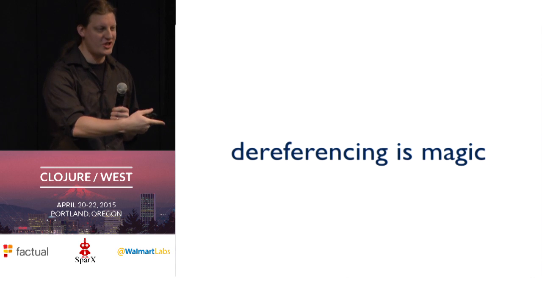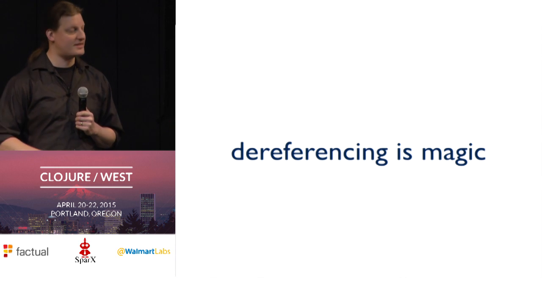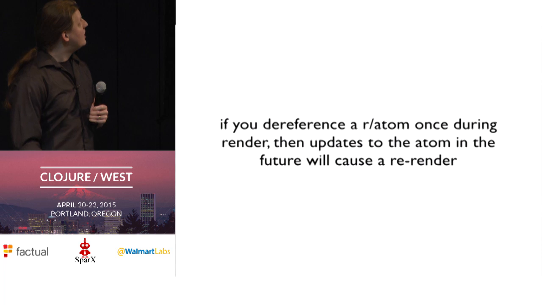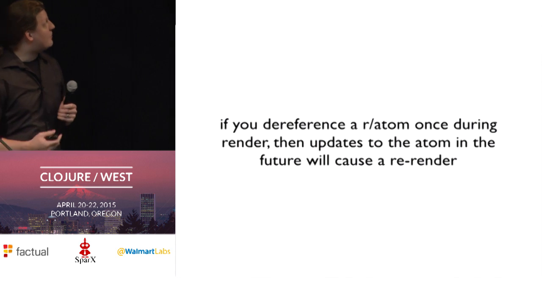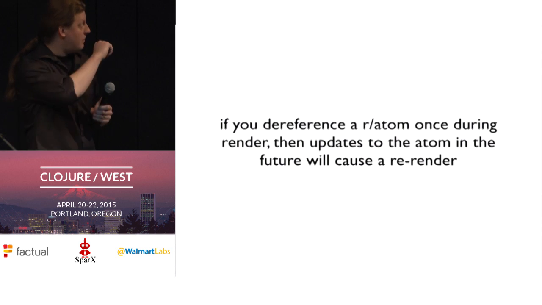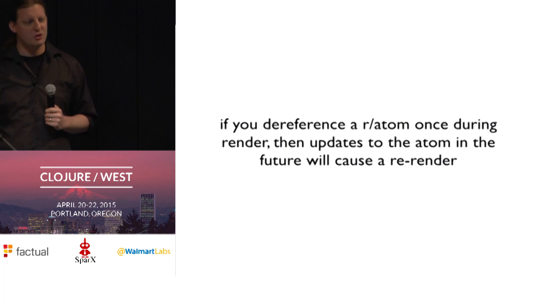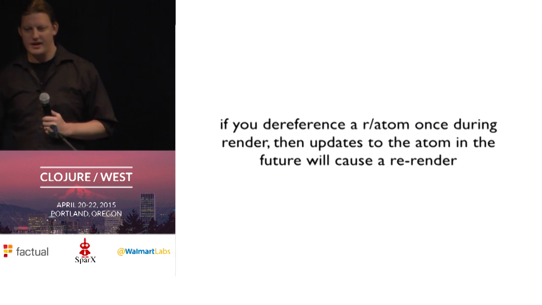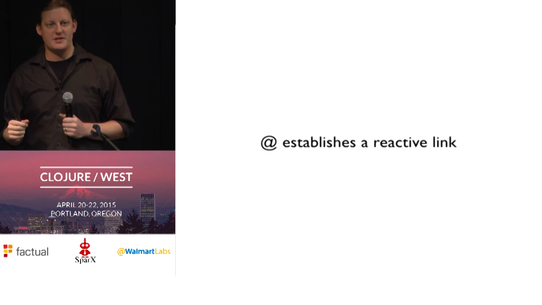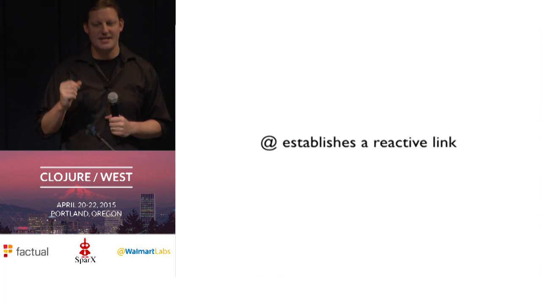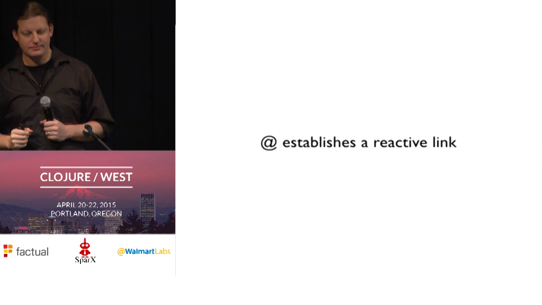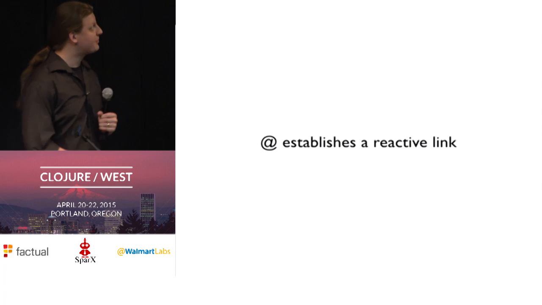So if that atom ever changes, that means that I need to go re-update this component as well. So if you dereference an atom once while you're rendering, then in the future, updates to the atom will automatically cause a re-render of that component. So the act of dereferencing establishes a reactive link, which is kind of cool.